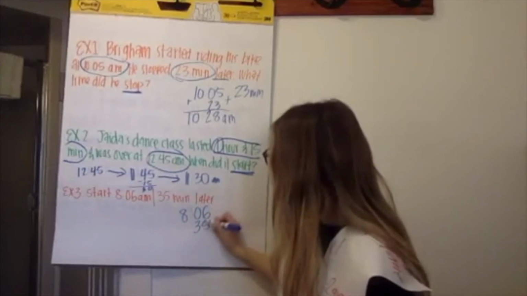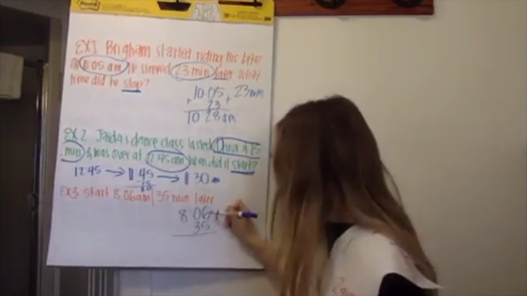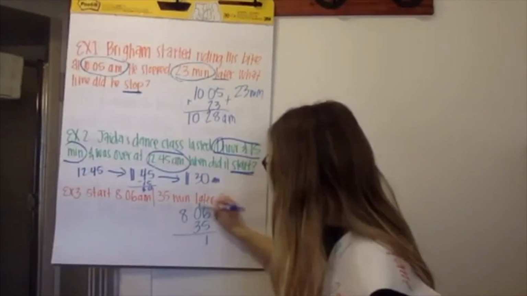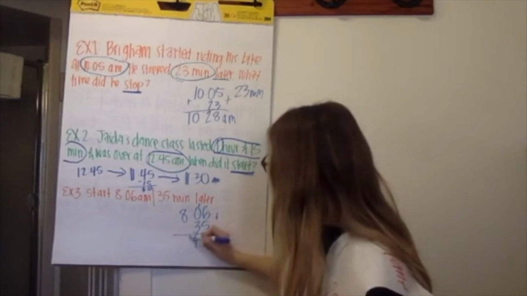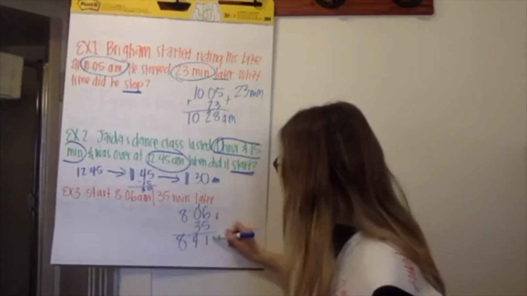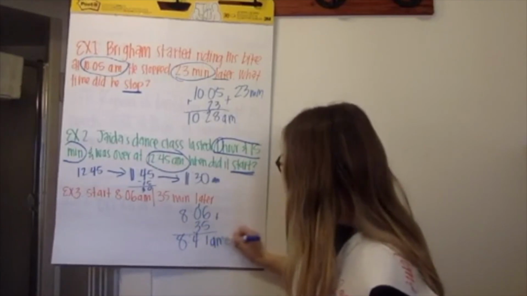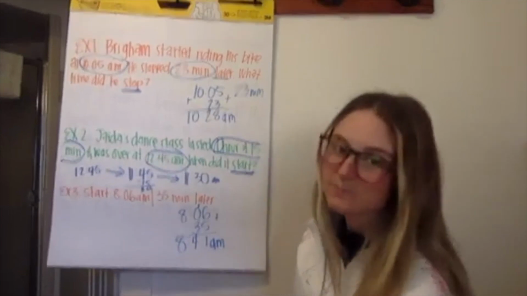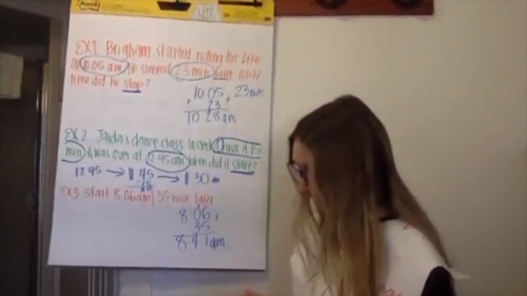We're going to be adding because more time has passed. So 6 plus 5 is 11. Carry that. 3 plus 1 is 4. Bring down our 8. So 35 minutes later is 8:41 a.m. So, super simple, not too complex.